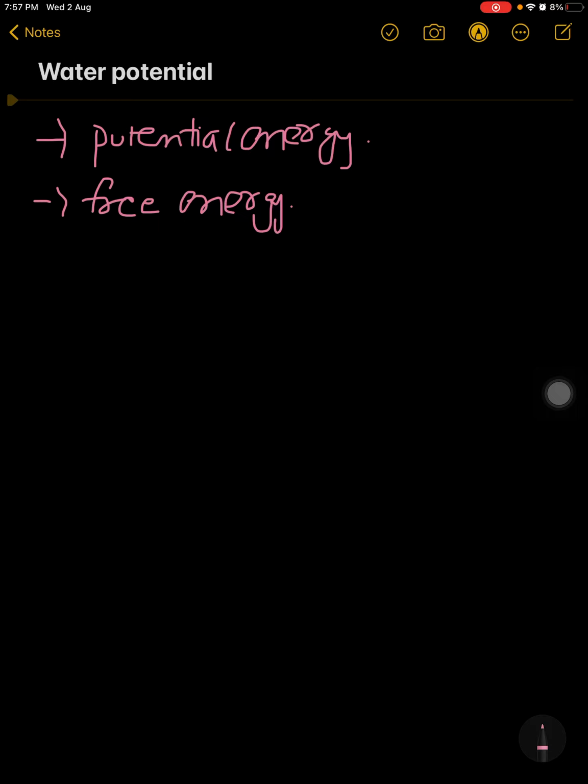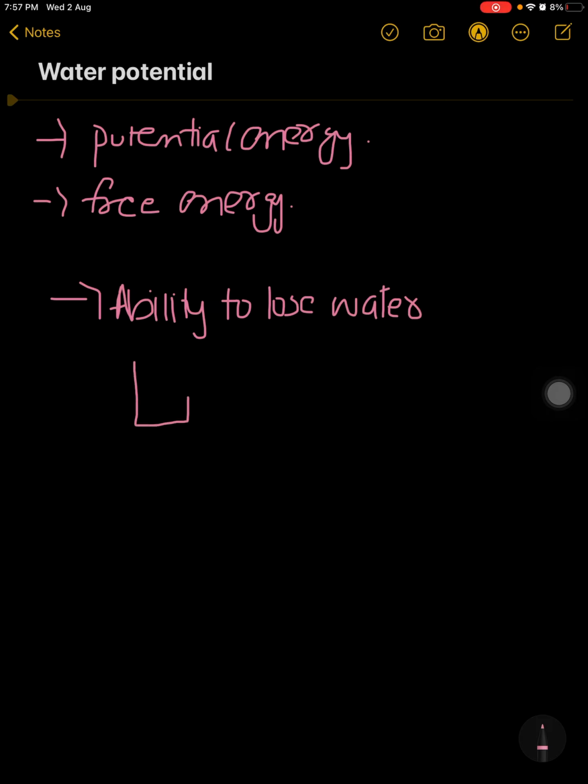Now basically you can write another definition: the ability to lose water is known as water potential. For example, I have two glasses, right? This is high, this is low. This one is fully filled and this one is half filled. Now which glass can lose more water?